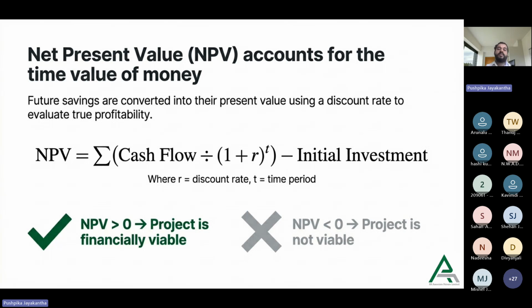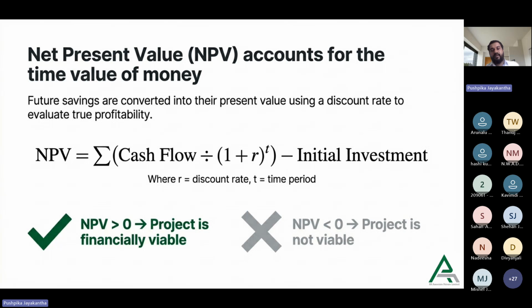But if you receive the same 1,000 rupees 1 year later, it has less value because you miss that opportunity to earn interest. Okay, now actually there are no real possibilities to earn interest using 1,000 anyway, but you can use that example. So therefore, when evaluating this energy project, we discount future energy savings to their present values. So that's what we are doing here.